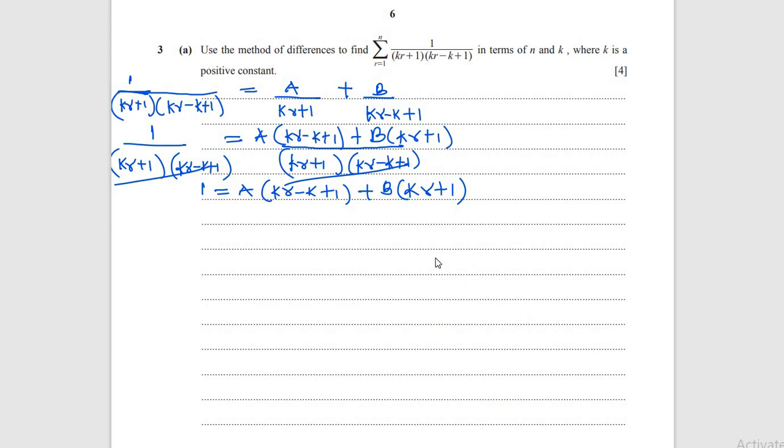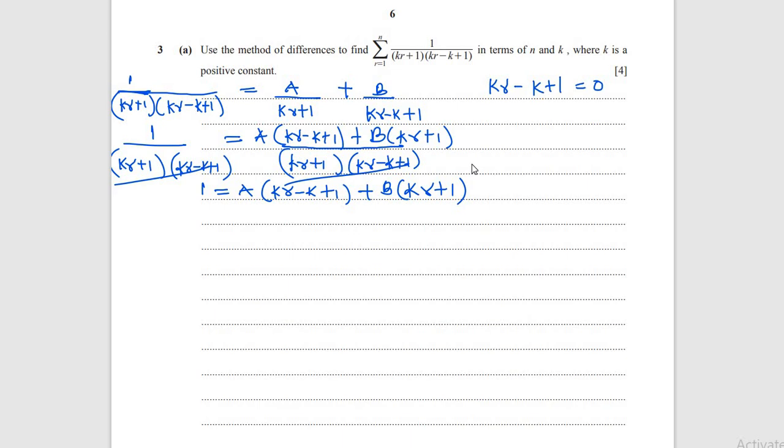Now to find one of them, in partial fractions, equate one of the brackets to 0. Equating kr minus k plus 1 equals 0. Let's not waste our time.